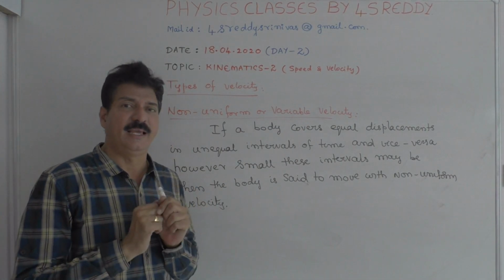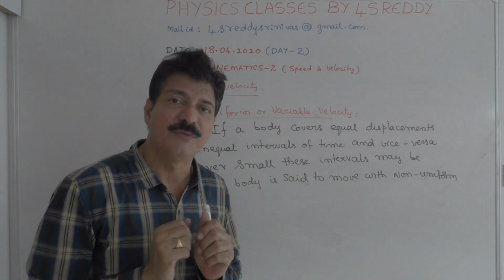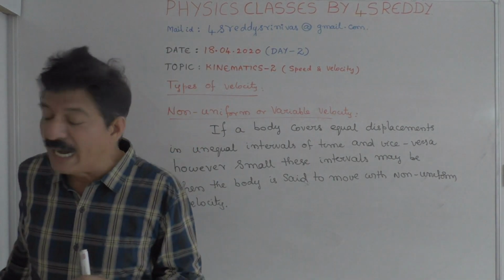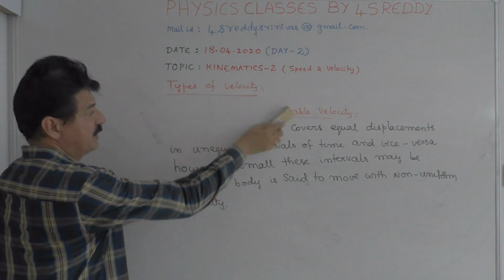But how can you say a body is moving with non-uniform velocity? To identify that, there is a key point we should know.